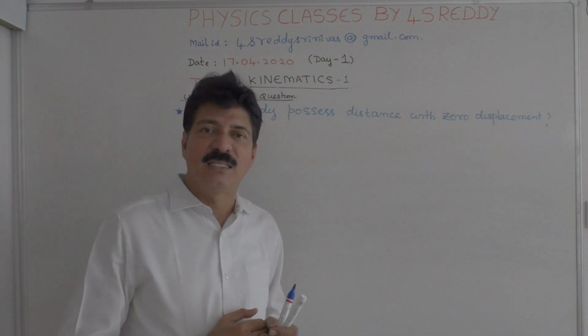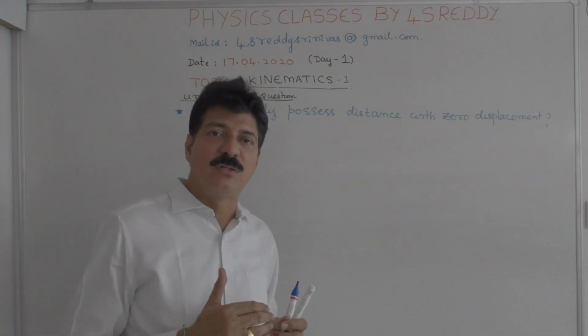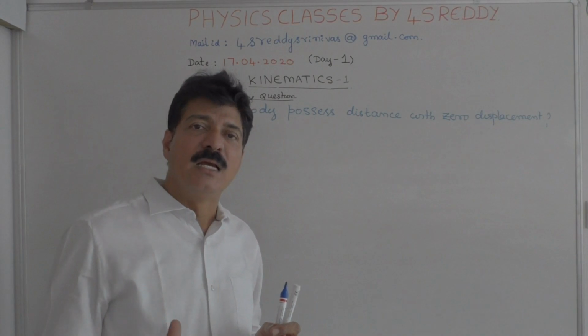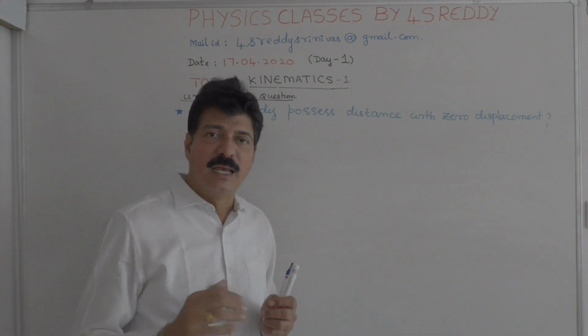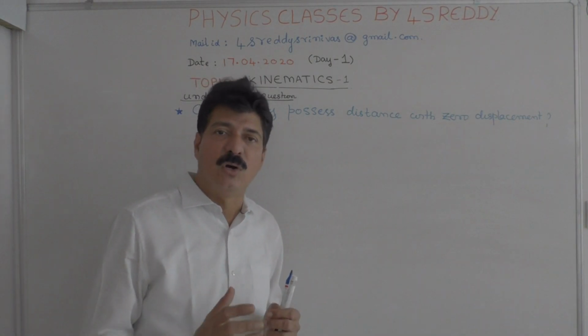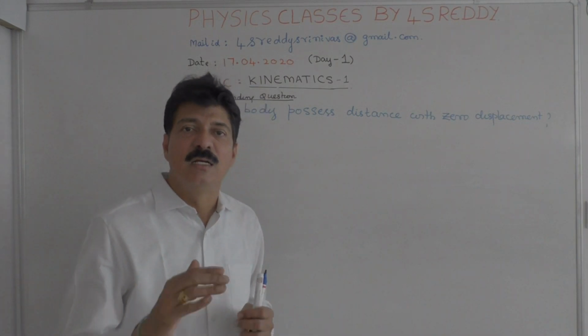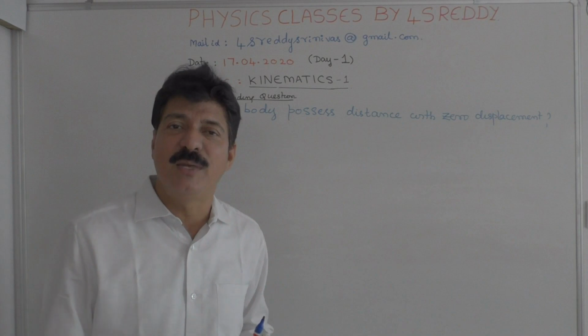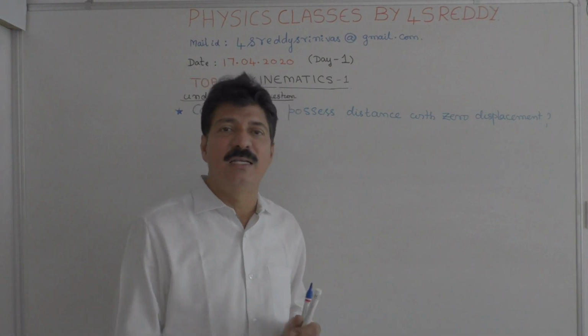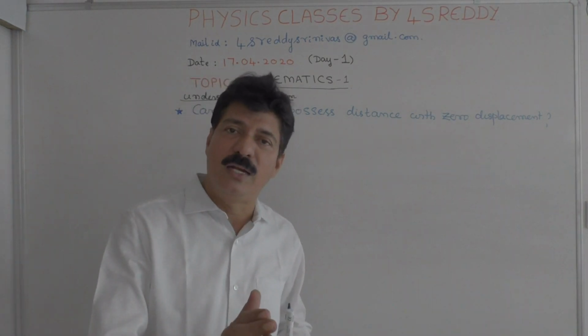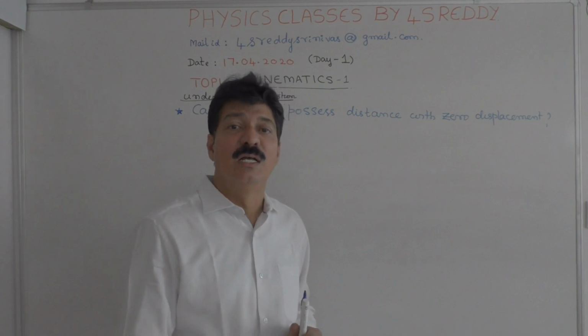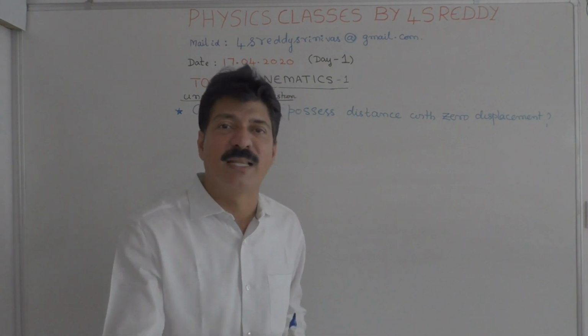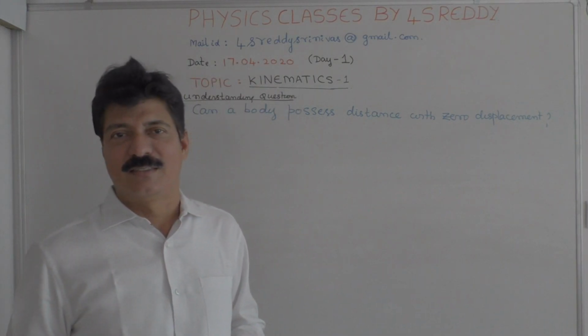If from your house to the complex it is 3 kilometers, and you come back, the total distance traveled is 3 plus 3, 6 kilometers. But the displacement becomes zero because the initial point is your house and the final point is also your house. So the displacement is zero, but the distance traveled is 6 kilometers.